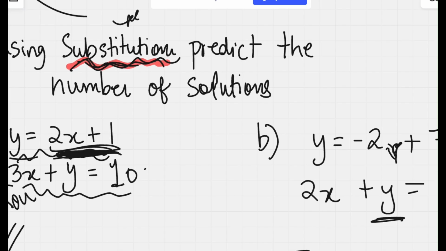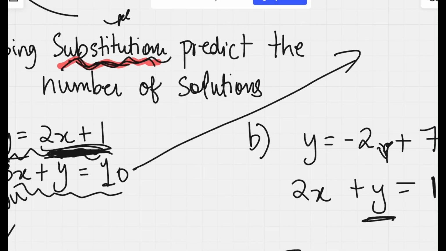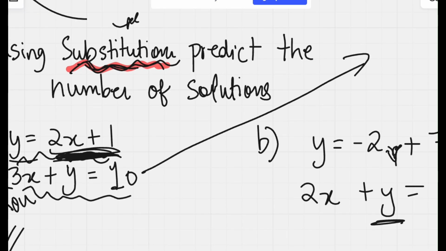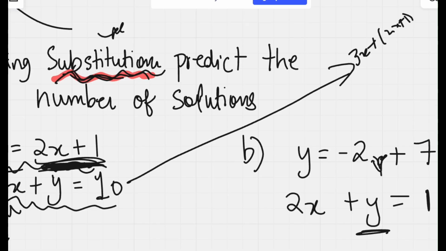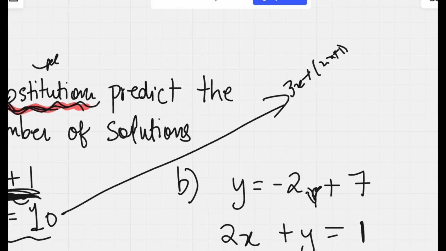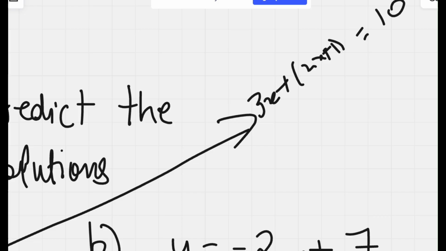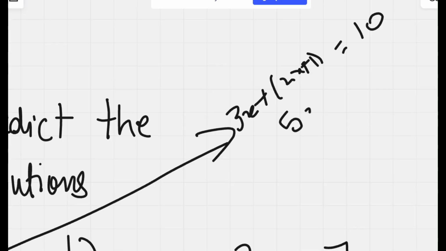So can we not just plug it into the second equation? Can we not just say 3x plus 2x plus 1 equals 10? Now we can, after that, just say that 5x equals 9 and x equals 9 over 5, right?